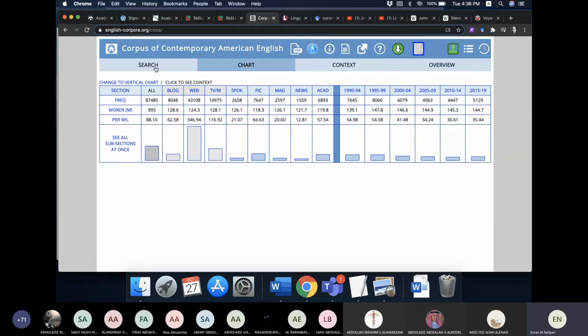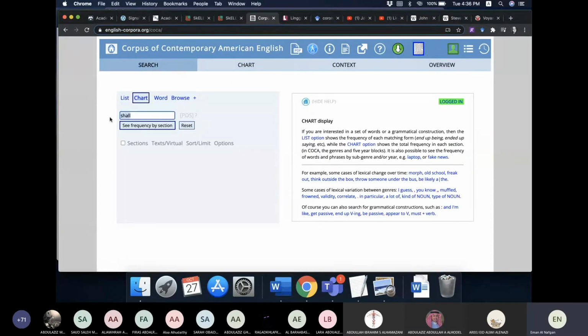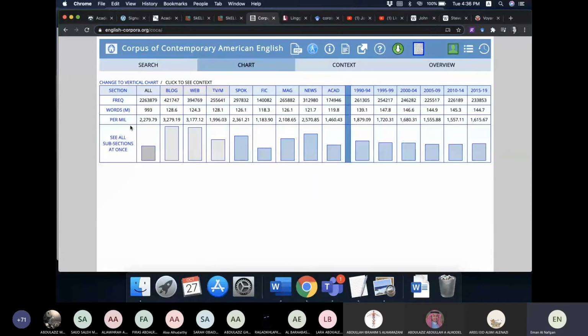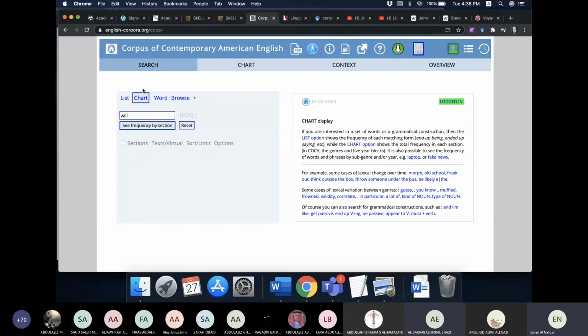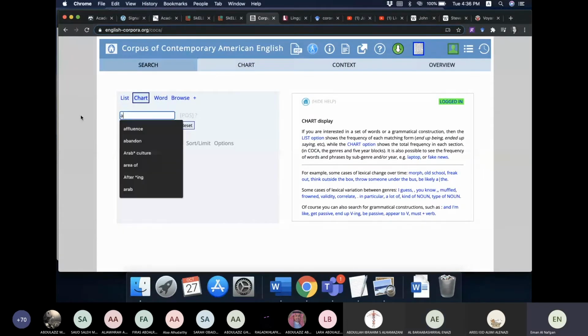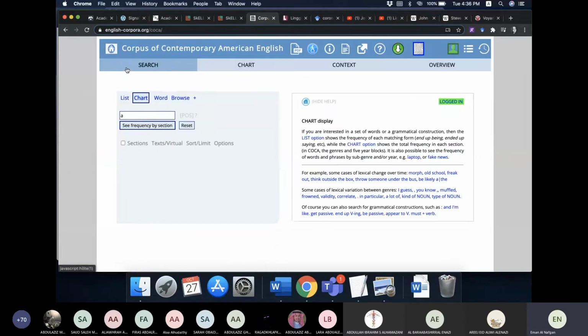It's not common. What's the alternative for shall? What do you say? Will. Should. I shall, I will. I think should we, shall we? Shall we, should we? Okay, let's look at should as well. Here, just a second.